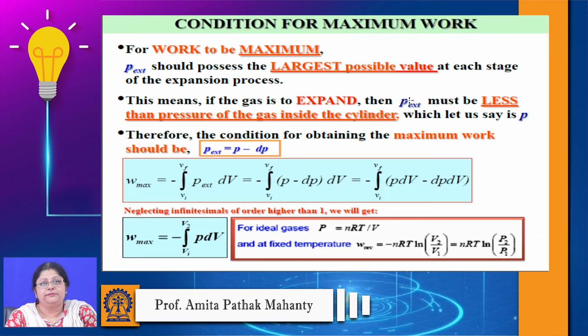So if the P external has to be maintained at maximum, then the difference between P external and the pressure inside the gas should be very minimum. And what is that?